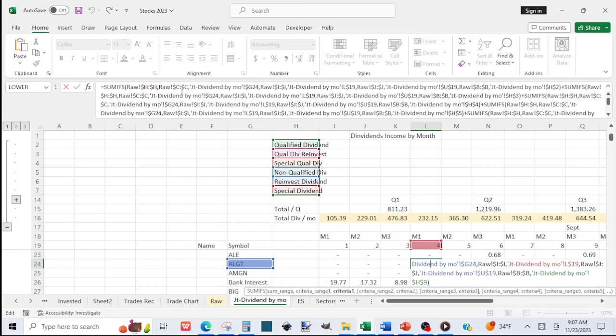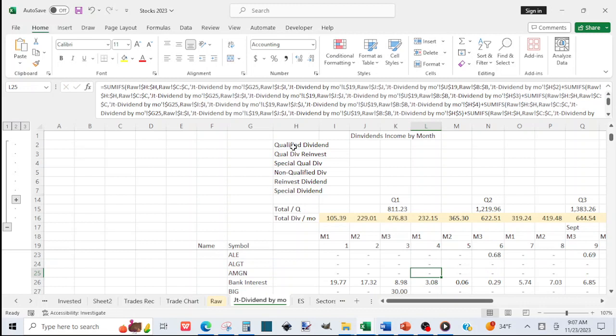a specific column match the symbol of the company, and a specific column on that raw tab match the month of the year that revenue got paid, and then a specific column on that raw tab match the classification of that income that I got paid.